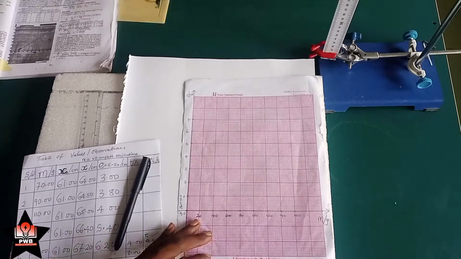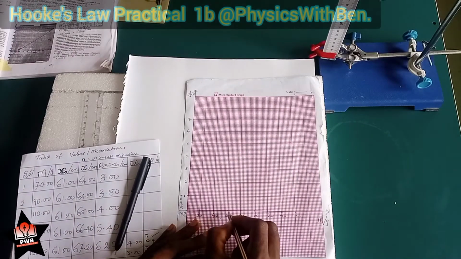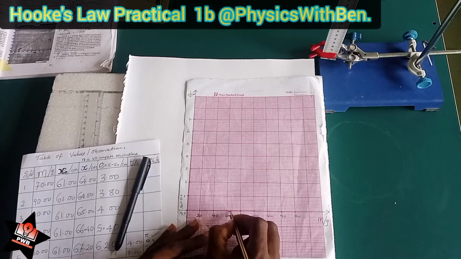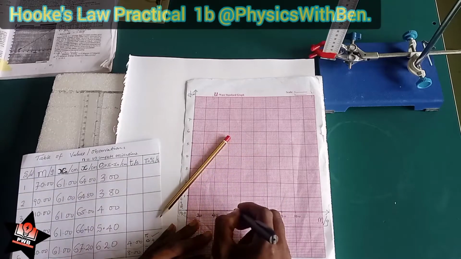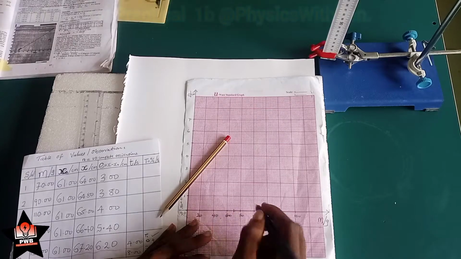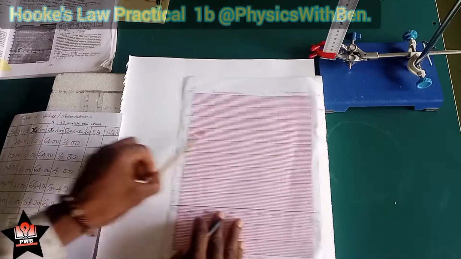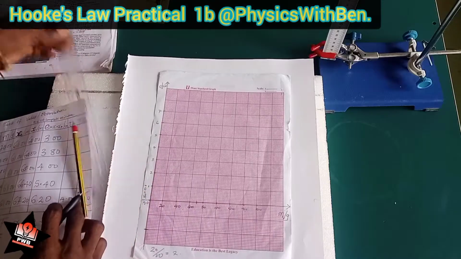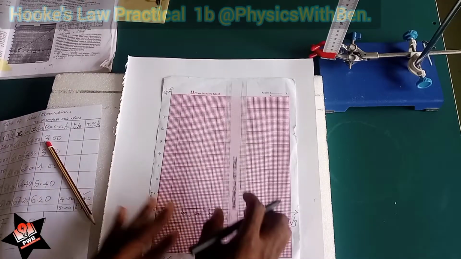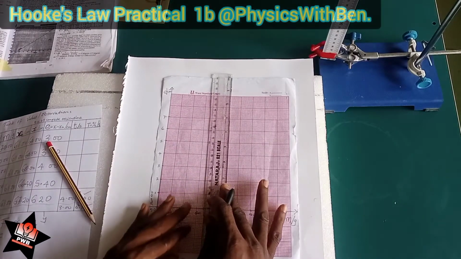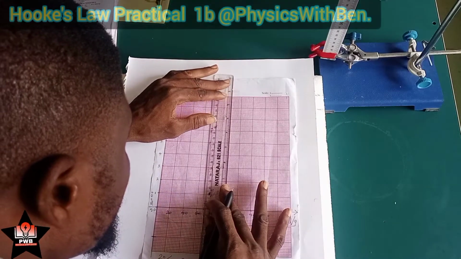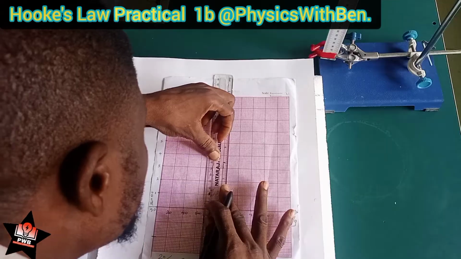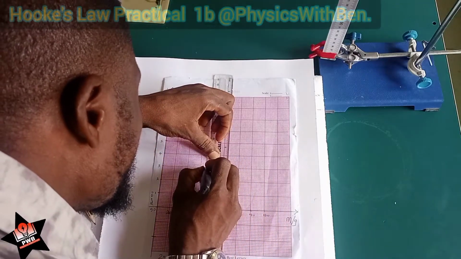This is 1, 2, 3, 4, 5. This is 70. 70 is right here. So we trace this point and it will hit 3. We trace this point here. It will hit 3 here.